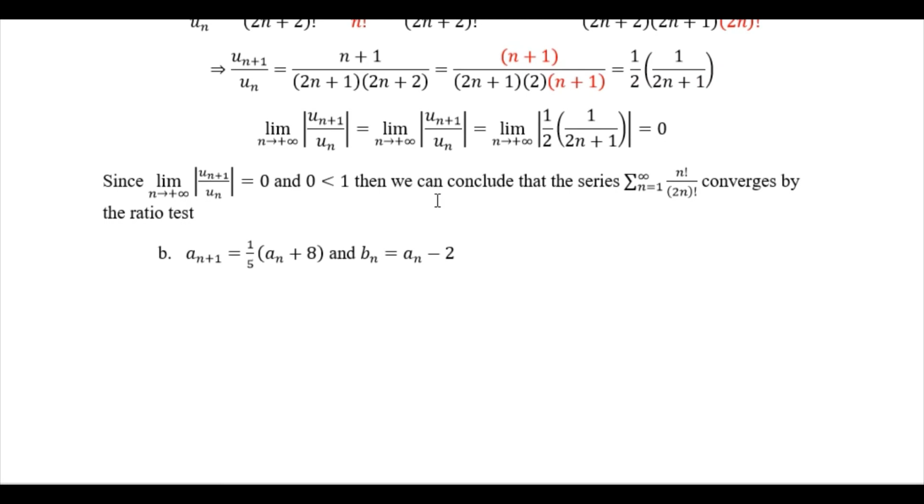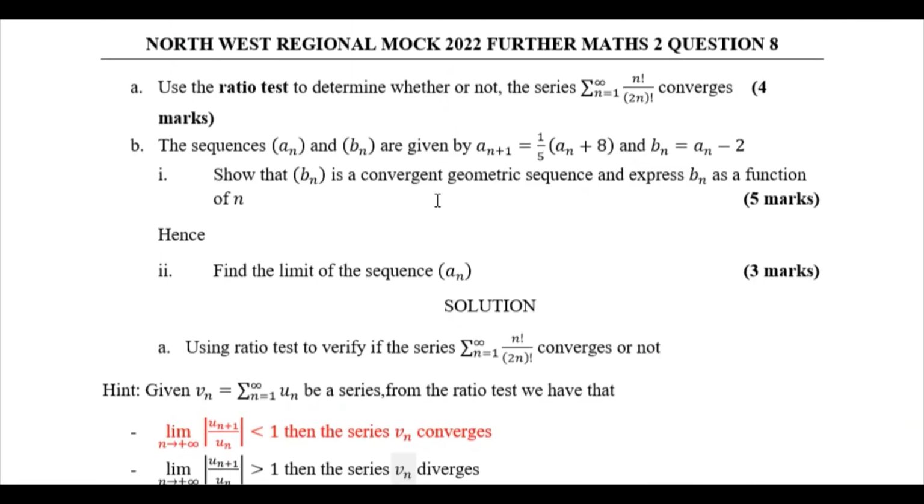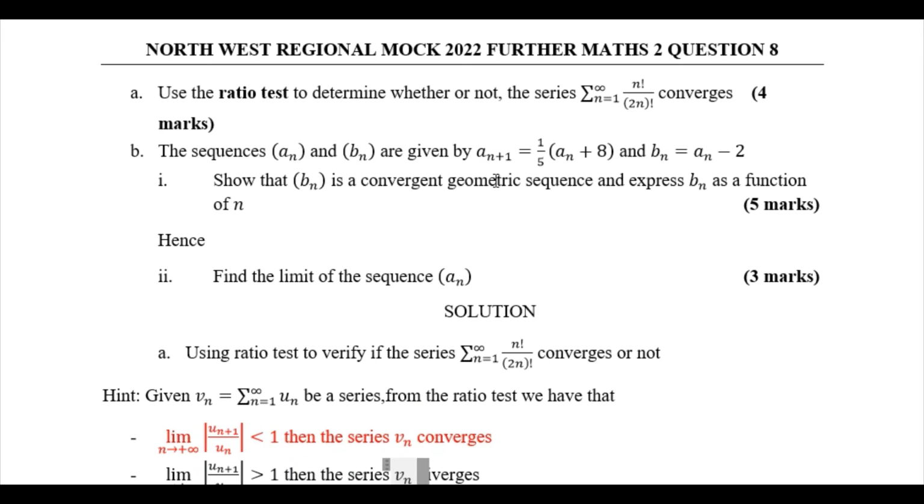According to the definition you are given, the very first value of b is b_0, which is a_0 minus 2, but there is no mention of a_0. So a_0 is actually 4. I forgot to include it in the equation, so we should take note.